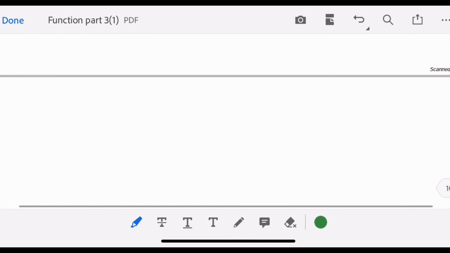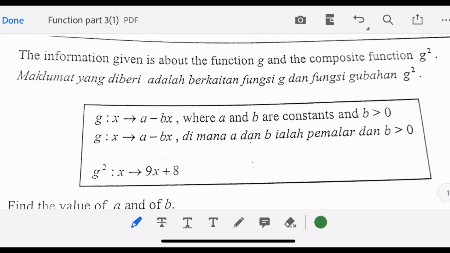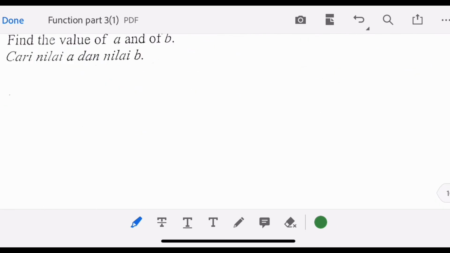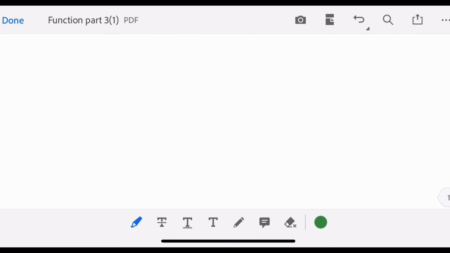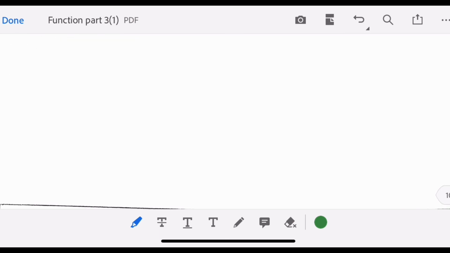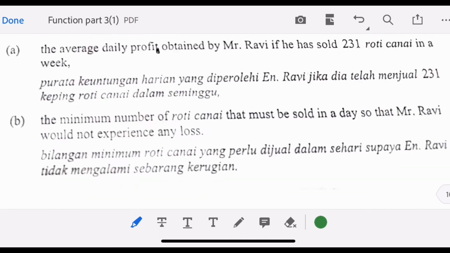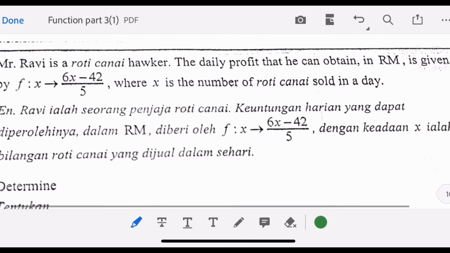Function is the most important topic in additional maths, that's why function is the basic for all the topics. So that's why you have to start with function, and I spent quite long teaching you function. Now I would like to discuss this one, which is also a hot question. Mr. Ravi is a roti canai hawker. Nowadays, this kind of question is very popular.